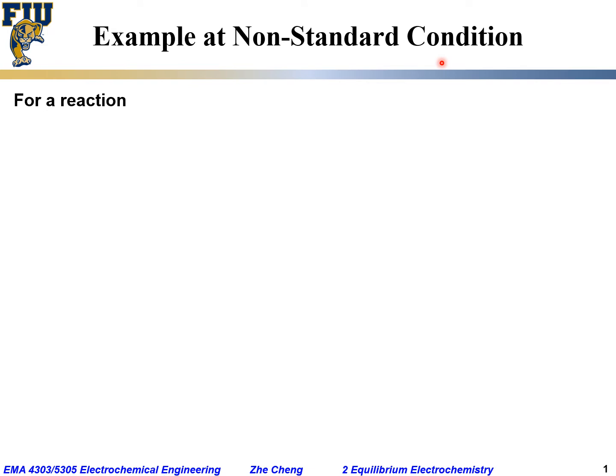So now let's look at one example at non-standard condition. For a reaction, the reaction Gibbs free energy change ΔrG under general condition would be given by ΔrG0, the reaction free energy change under standard condition, plus a term which is RT ln Q: gas constant, absolute temperature times the natural log of Q, the reaction quotient.